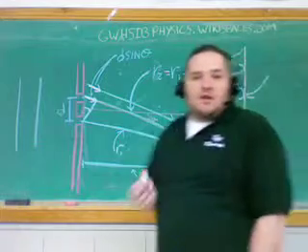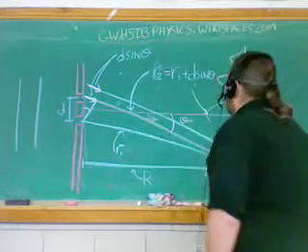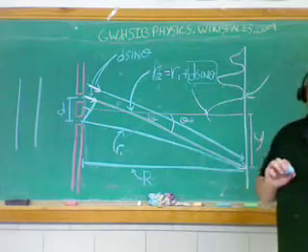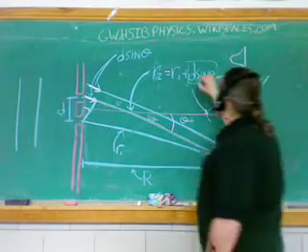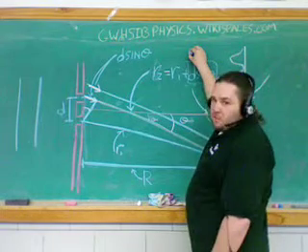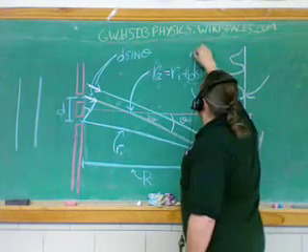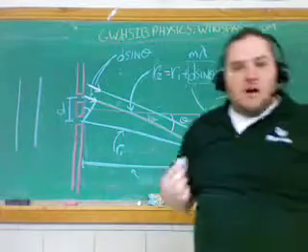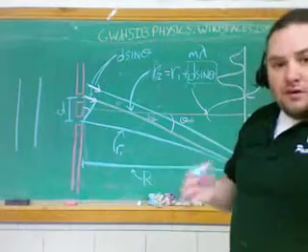So in order to get constructive interference, what does the length of d sine theta have to be? Well, that length has to be some number, and we're just going to call it m, times the wavelength. And by some number, I mean some integer: 1, 2, 3.